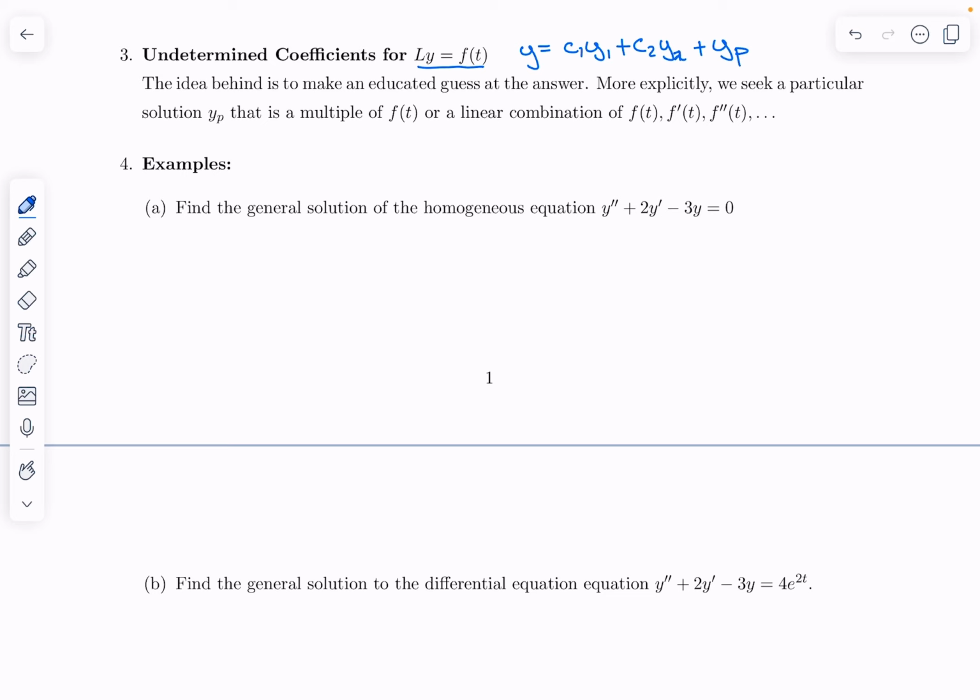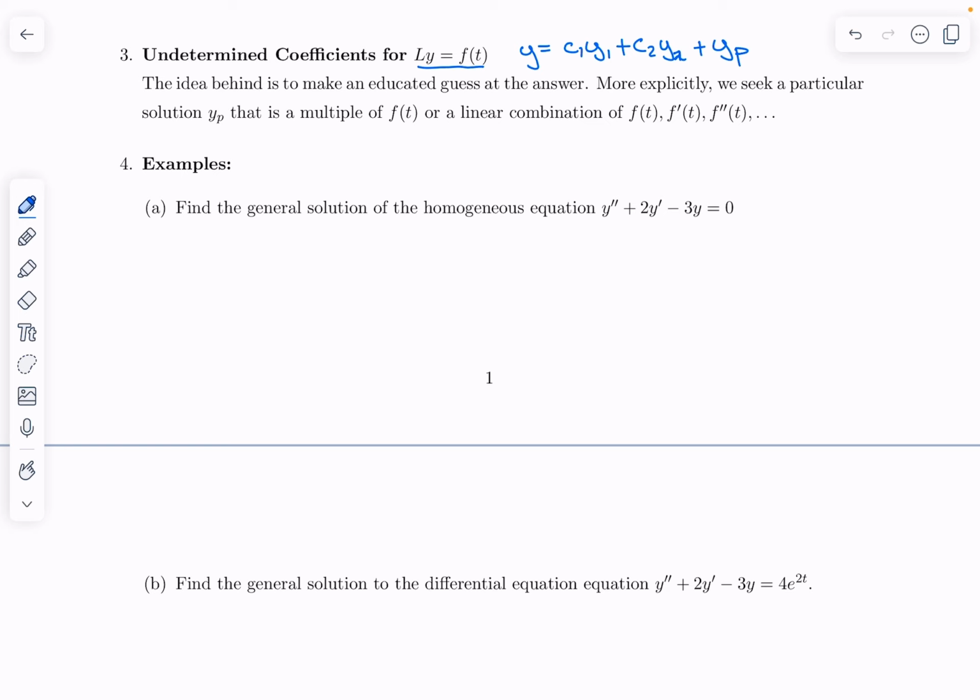We made an educated guess at what our particular solution would be, but now I'd like to show you the general technique as to how we can guess particular solutions to the non-homogeneous differential equation.